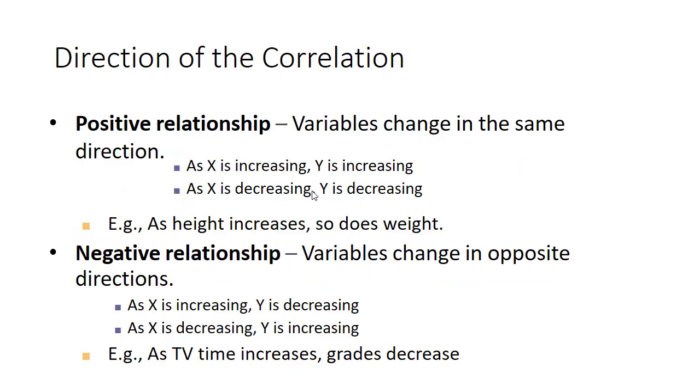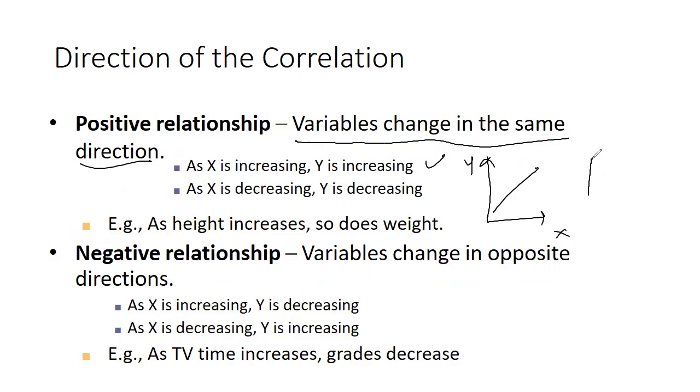The direction of the correlation. Positive relationship: variables change in the same direction. X increases, Y increases. X decreases, Y decreases. Is it clear? As an example, height increases, so weight also increases.